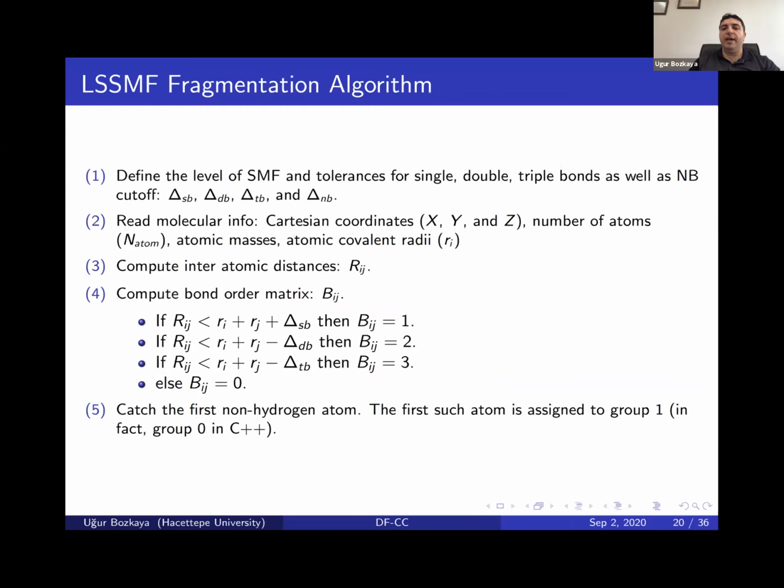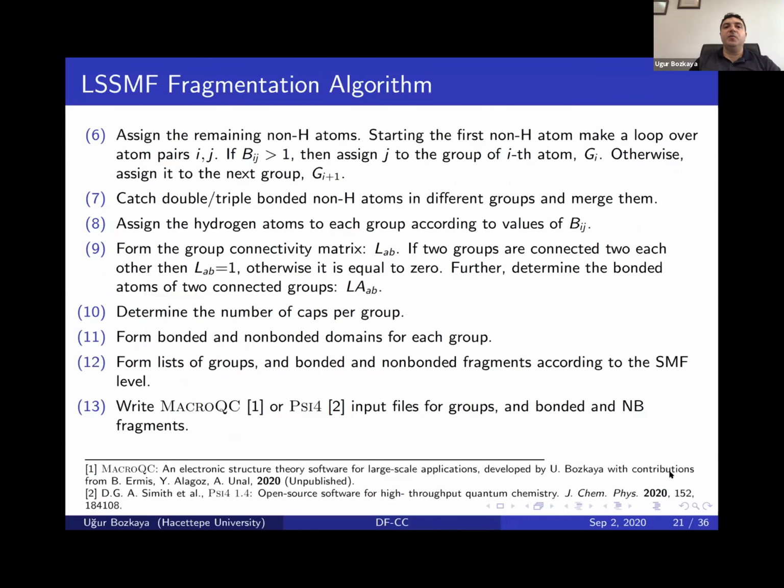The first such atom is assigned to group 1, in fact, group 0 in C++. Then assign the remaining non-hydrogen atoms, starting from the first non-hydrogen atom, make a loop over atom pairs, ij. If B_ij is larger than 1, then assign it to the group of the ith atom, G_i. Otherwise, assign it to the next group, G_i plus 1. Then catch double, triple bonded non-hydrogen atoms in different groups and match them.